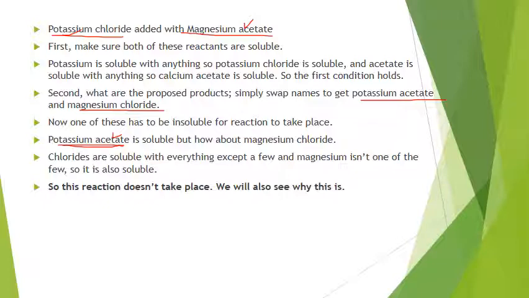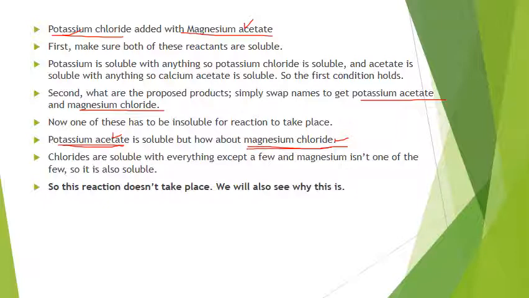Potassium acetate is soluble with anything. How about magnesium chloride? Yes, magnesium chloride is also soluble. So this reaction will not happen, and we'll take a closer look at why it doesn't.